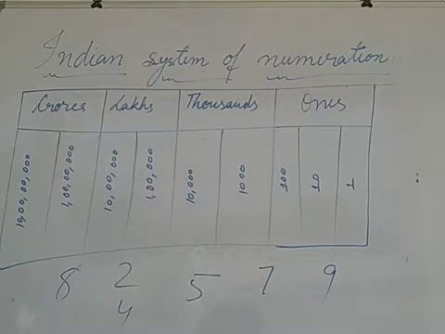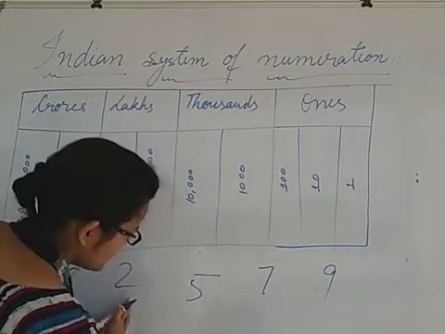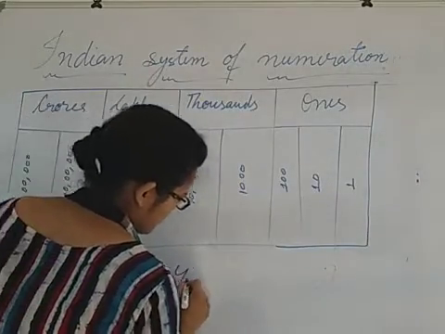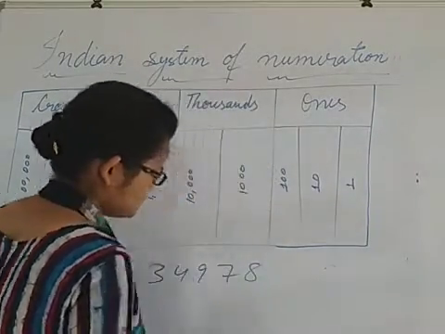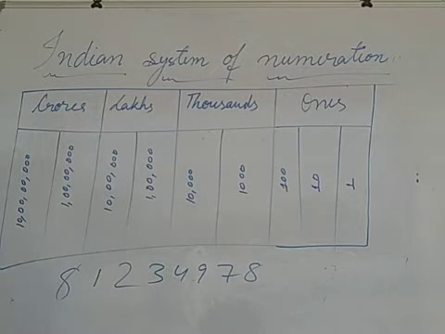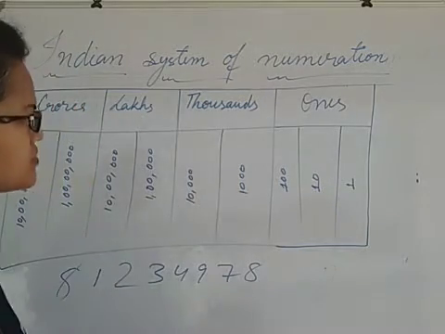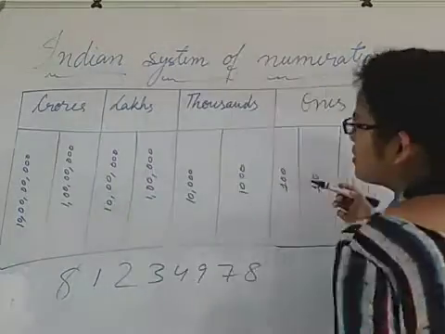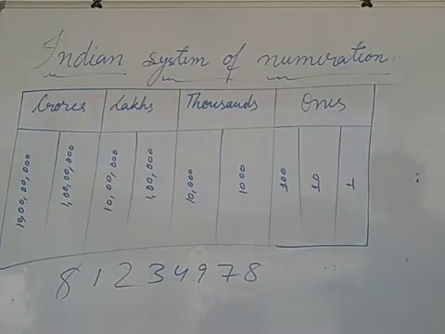But if we write a big number, suppose 8, 1, 2, 3, 4, 9, 7, 8, then for the representation of large numbers we need numeration systems, and they are categorized in two ways: Indian system of numeration and international system of numeration. Let us first learn about the Indian system of numeration.